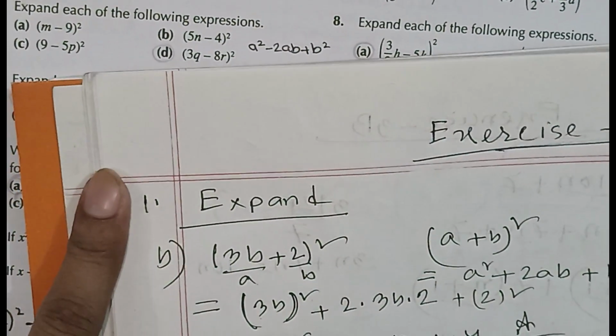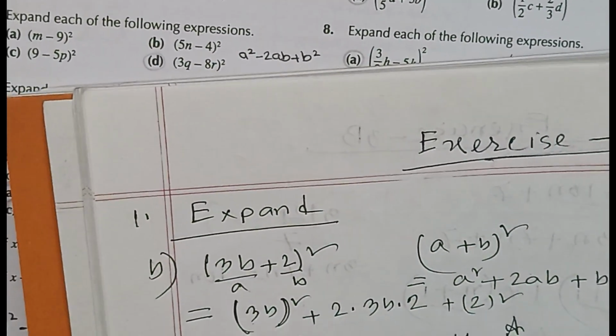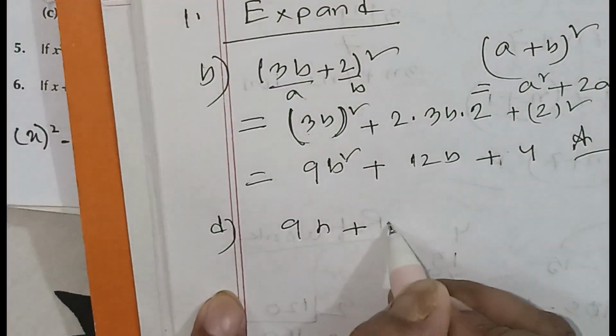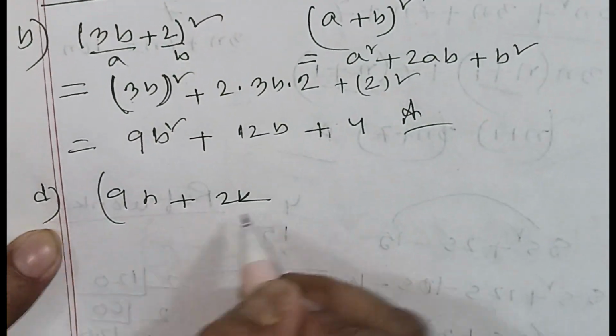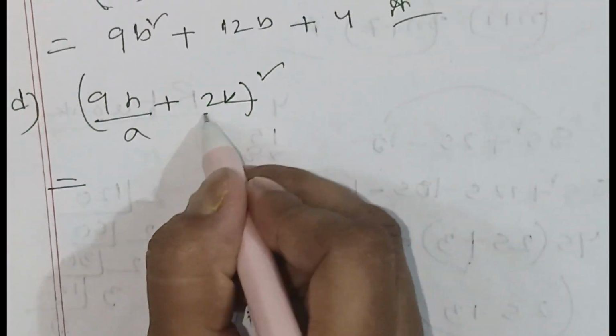Next I will do this one, number 9. This is important: (9h plus 2k) whole squared. So here 9h means a and 2k means b.